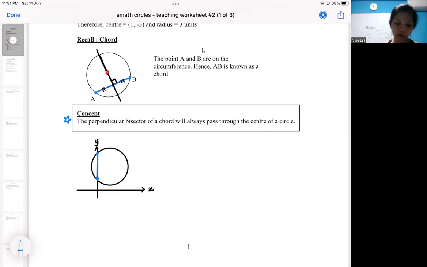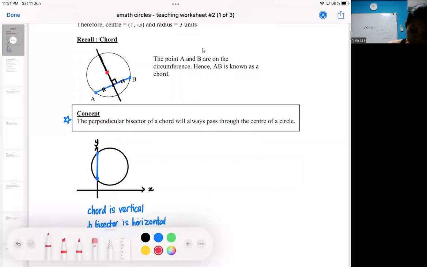Because this chord is vertical, that means the perpendicular bisector will be horizontal. So the perpendicular bisector will be perfectly horizontal.